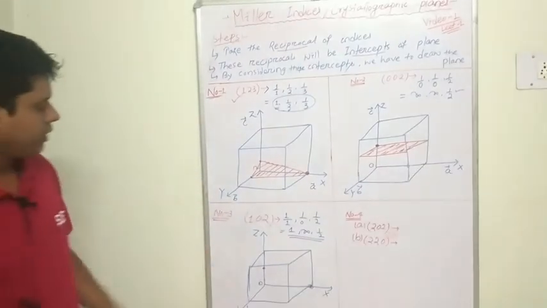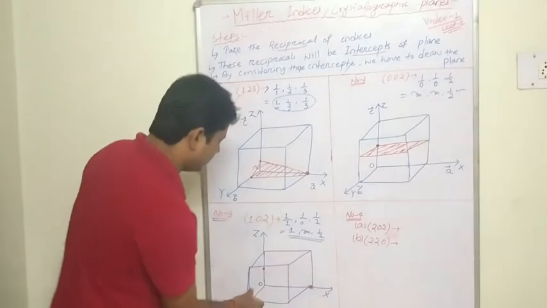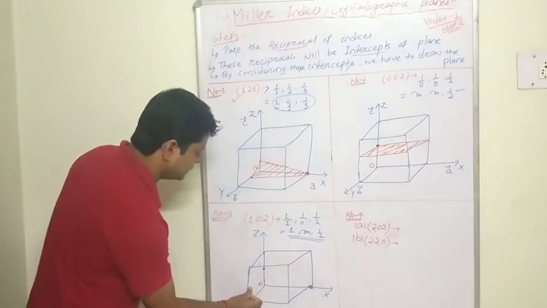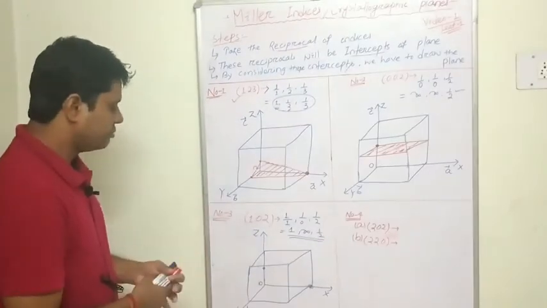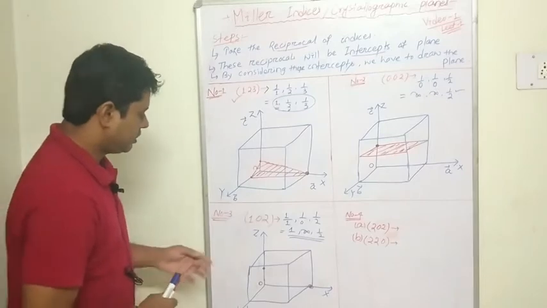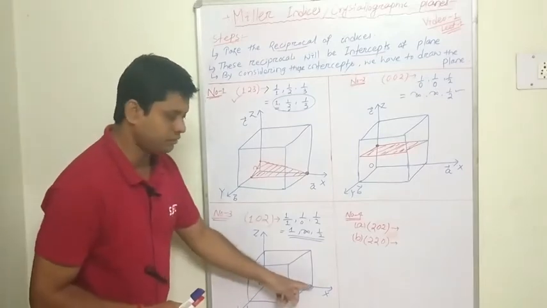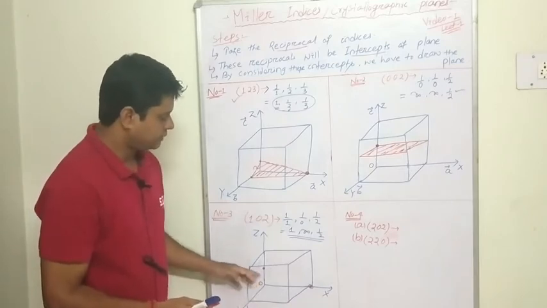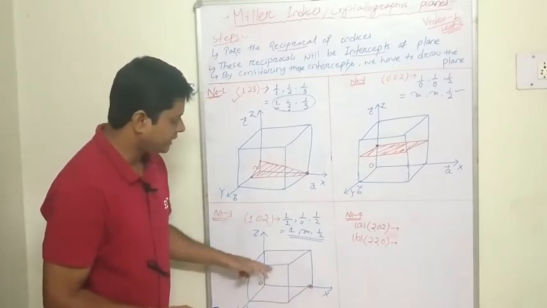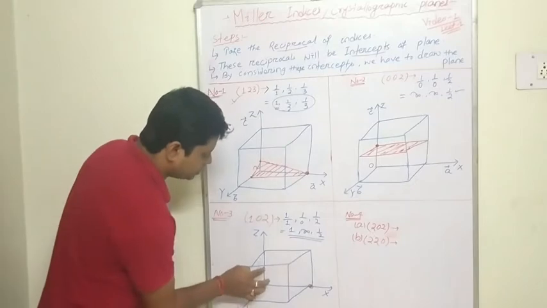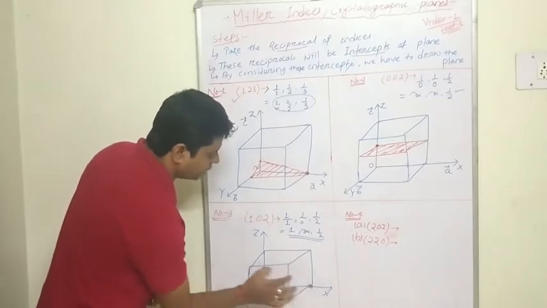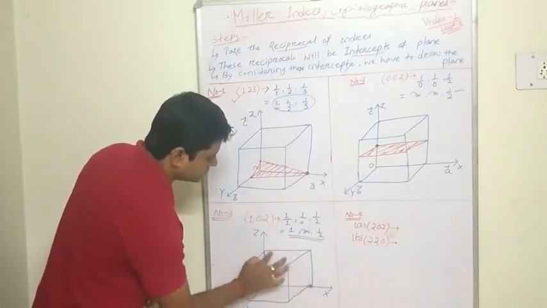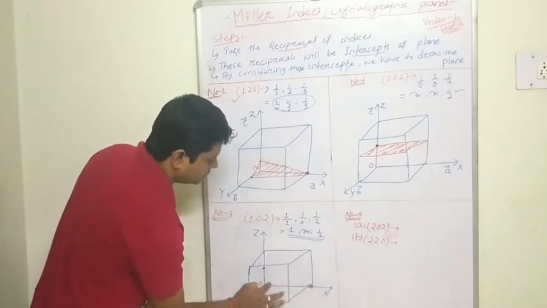To draw this plane, we can take mirror points on the opposite face of these points. These two points are on this face.